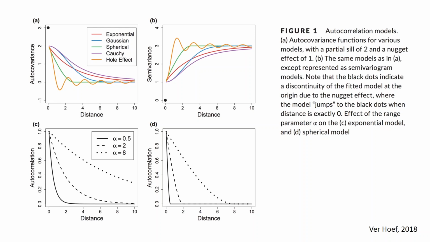Semi-variance basically models the dissimilarities, so the models are different. As the distance increases, the semi-variance increases as well. And alpha is a range parameter which controls how quickly the autocorrelation decreases as the distance increases.